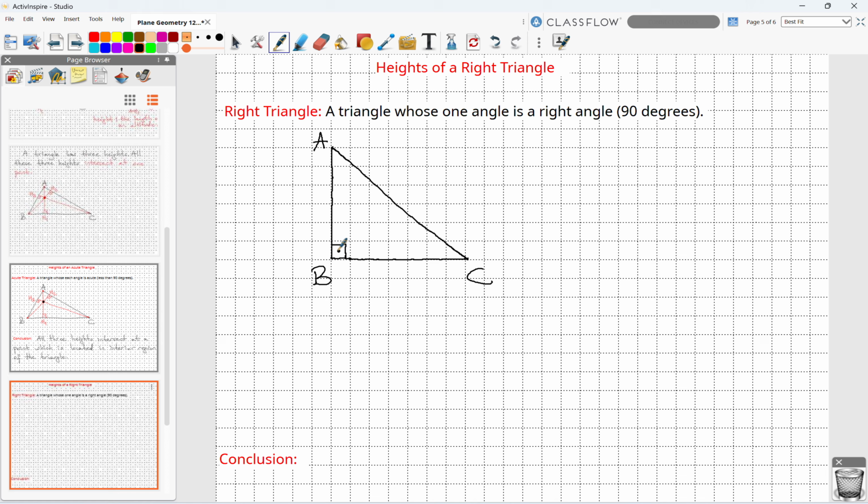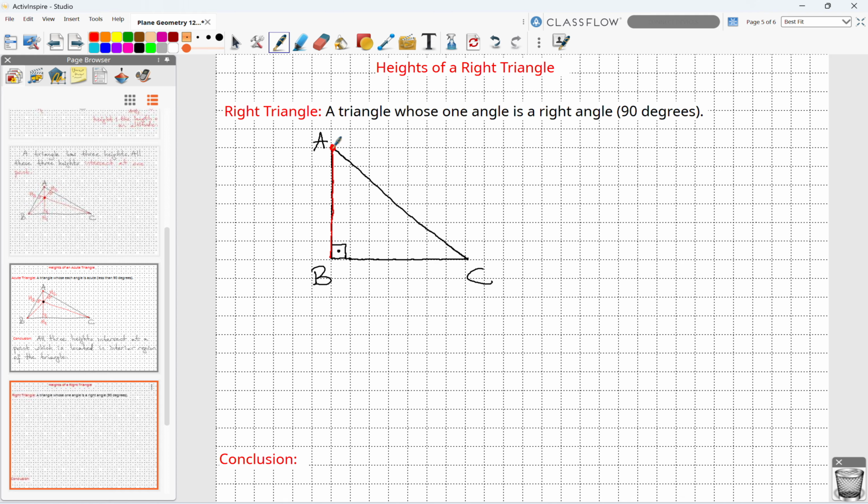Here, if I want to draw the height from vertex A to the line containing the opposite side, which is BC, you see that that height has already been drawn. So the leg AB is also the height of the triangle.